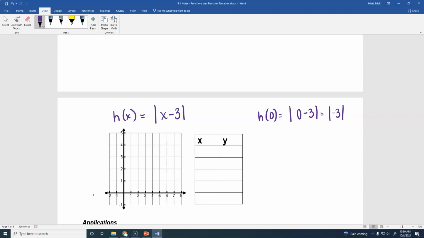Everything comes out of the washing machine clean, whether it was clean when it went in or not. So everything that comes out of the absolute value is positive, even if it was positive when it went in. So it's just a positive 3 there. So h of 0 is positive 3. So you're going to do what's inside the absolute value bars first, and then if there is a negative, you've got to wash it away.